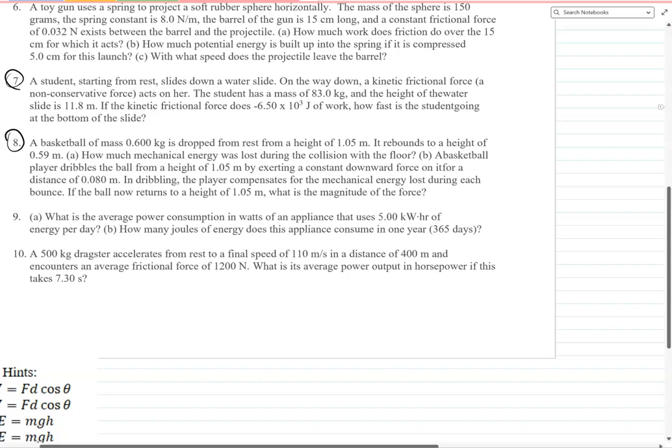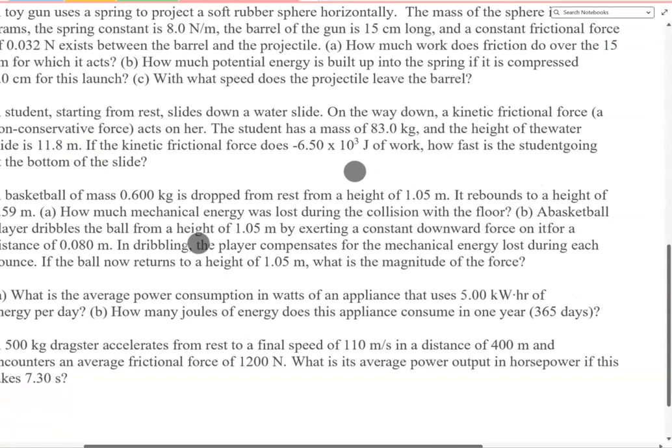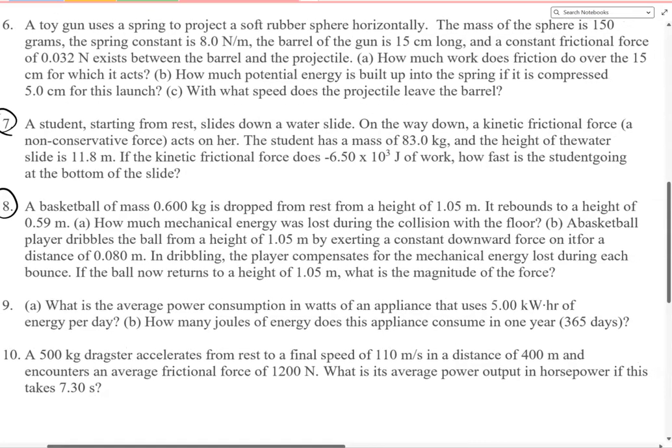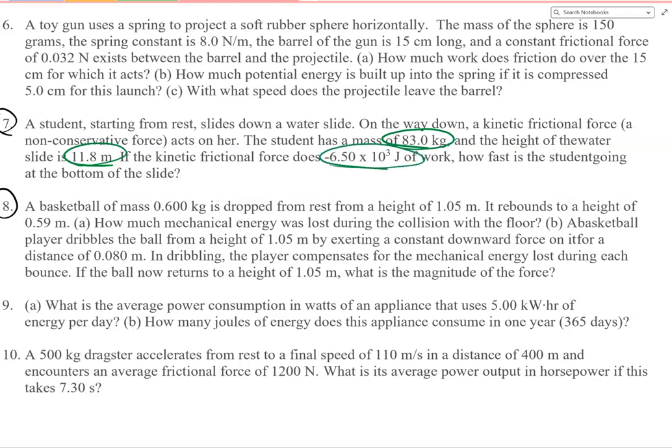Let's talk about number 7. In number 7, we have a student that's sliding down a water slide, and this student has a mass of 83 kilograms. She is starting at a height of 11.8 meters above some equilibrium point, and we have kinetic friction acting to slow her down as she's going down the slide.